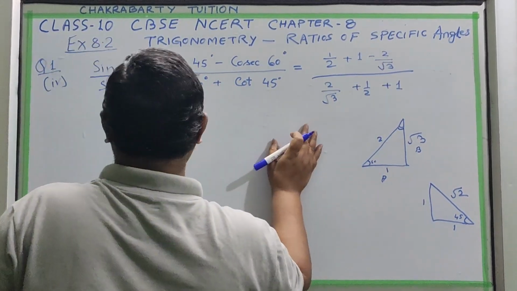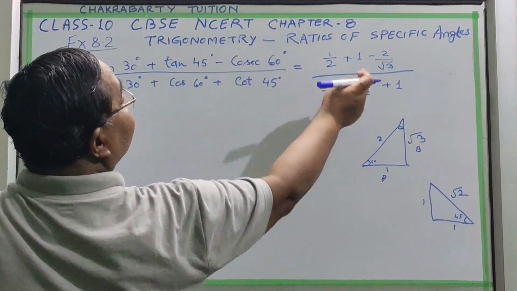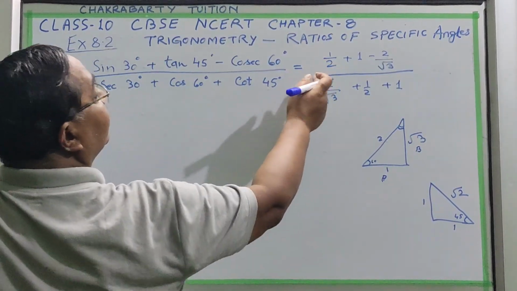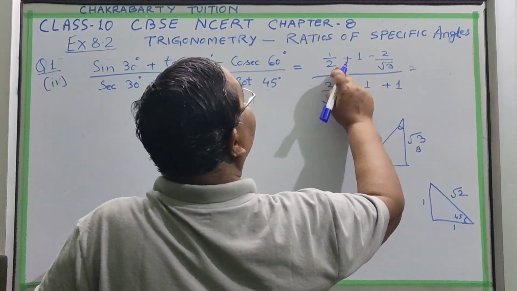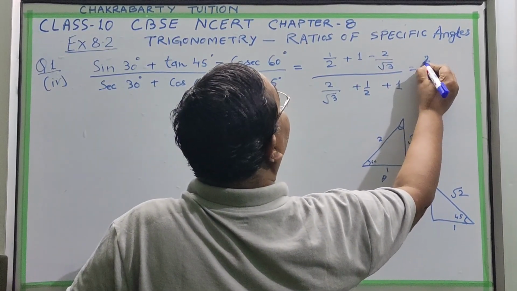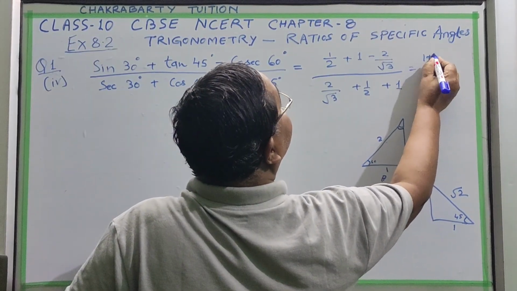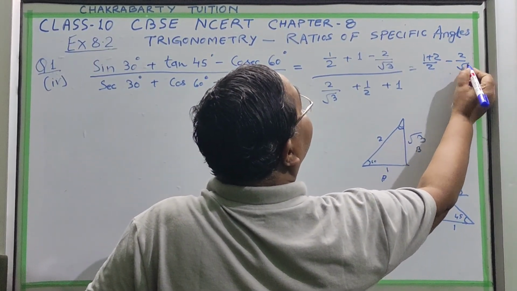So now we are going to solve the question here. This is again LCM we will do. Here also LCM we will do, and we will try to solve. First we will do it like this. So 1 plus 2 plus 1, it will make it 2. It will become (1 plus 2) upon 2 minus 2 upon under root 3.